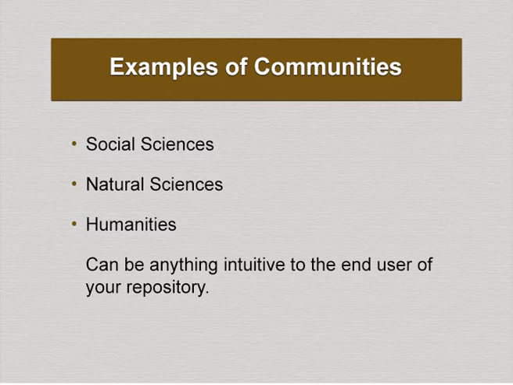For example, in case of a software industry, probably the communities could be community of developers, community of testers, or community of quality assurance group, or community of administrators, or community of marketing people like that. Only in case of academic libraries, probably we may divide into social sciences, natural sciences, humanities.